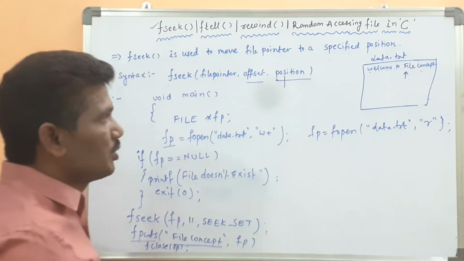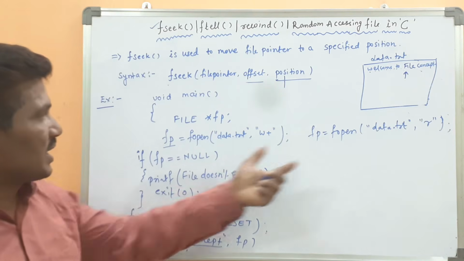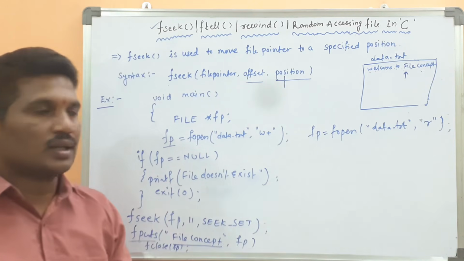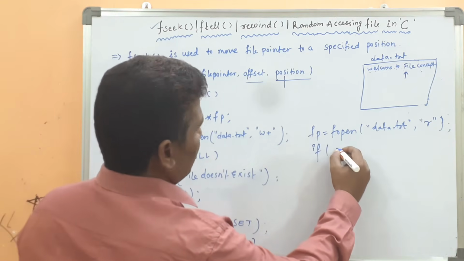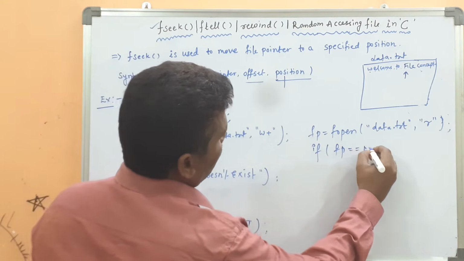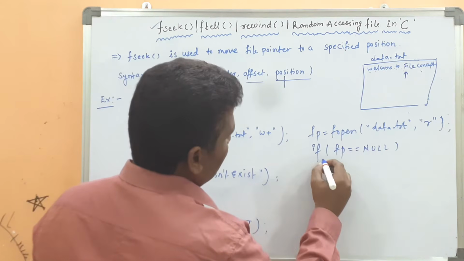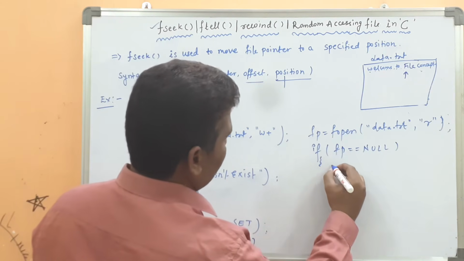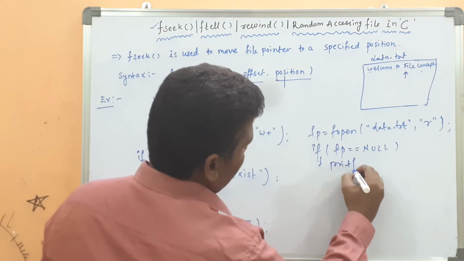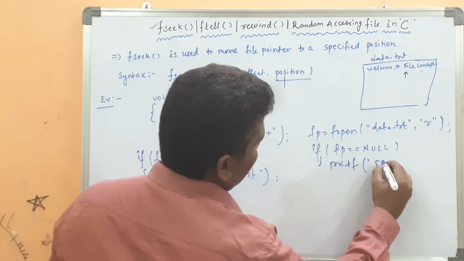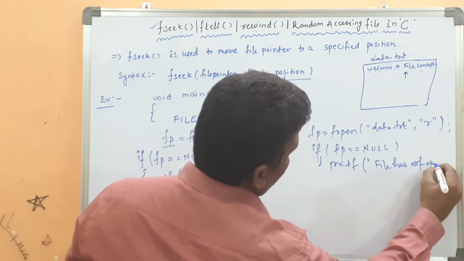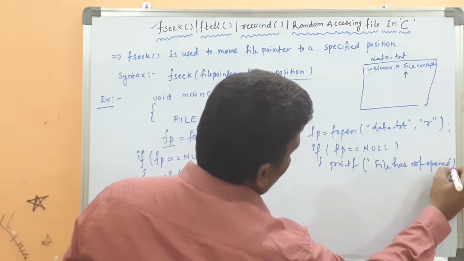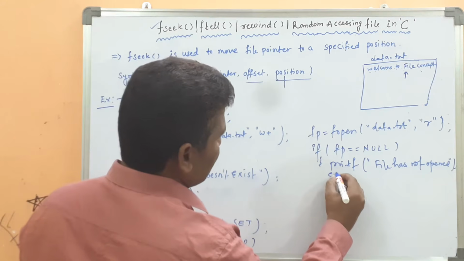Again, if you want to put the condition over here, you can: if fp equal to null, printf file has not opened, or error, whatever it is. After that, exit 0.